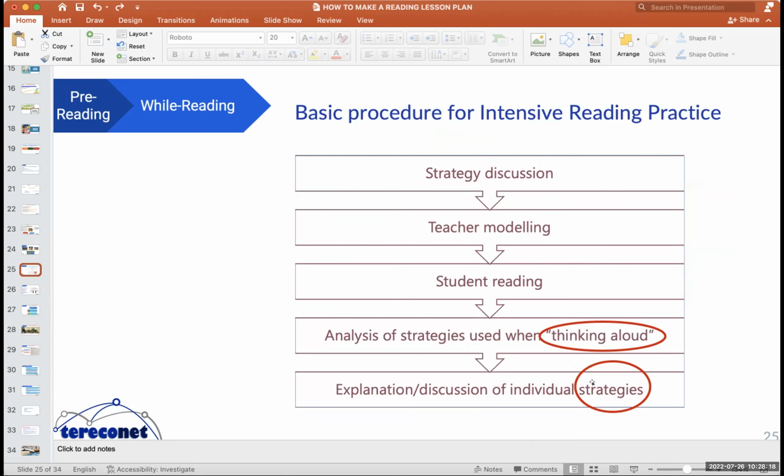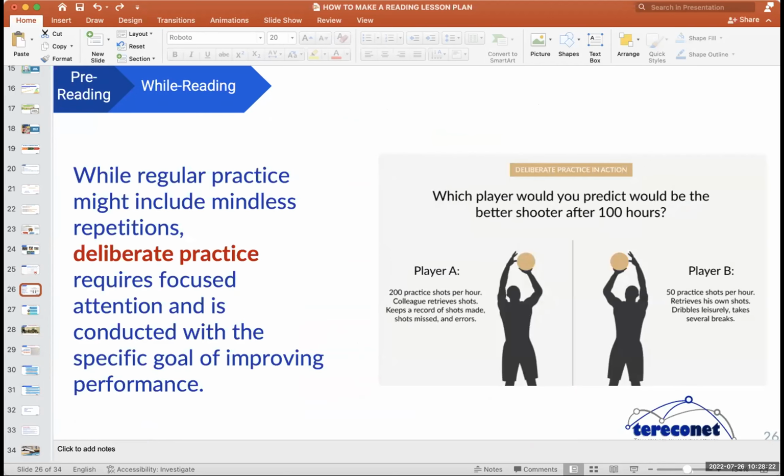I just want to focus on the strategy here a little bit, because we have practice, but how much practice is enough, right? So we have something called deliberate practice, which means we practice consciously. We don't just do one thing over and over again without thinking about it.